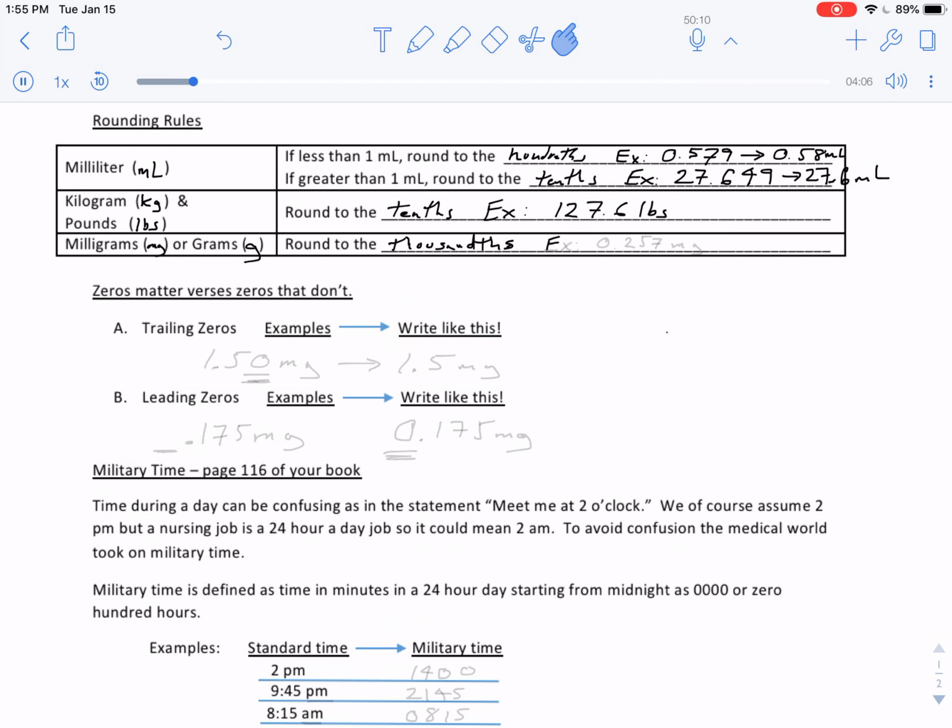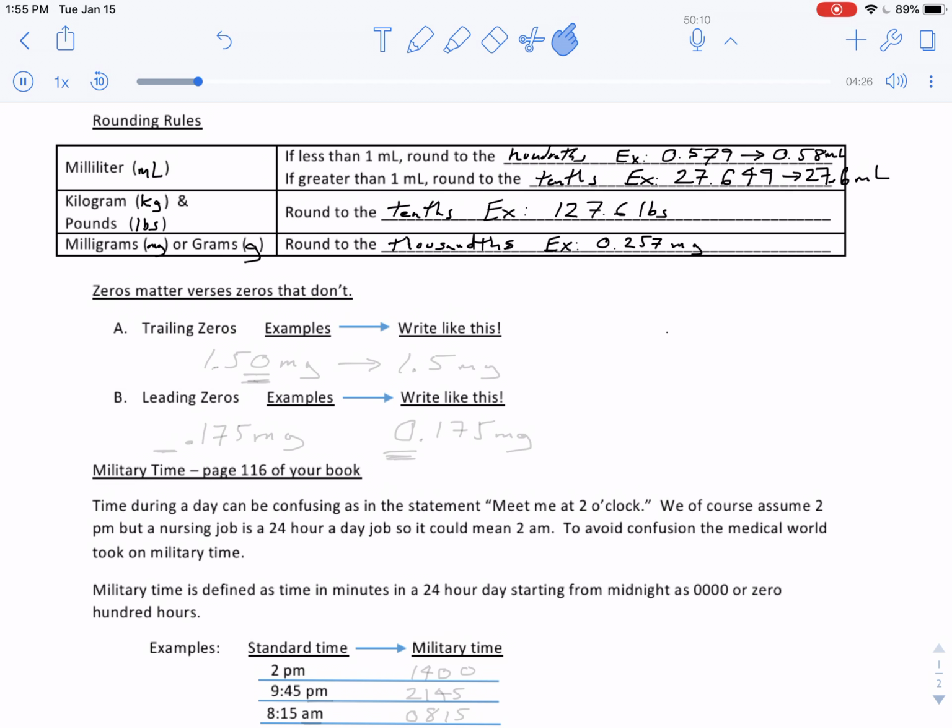So an example, again, would be 0.257. Right, grams or milligrams. Not many things do we have to do. Our answers end up in milligrams, but there it is.